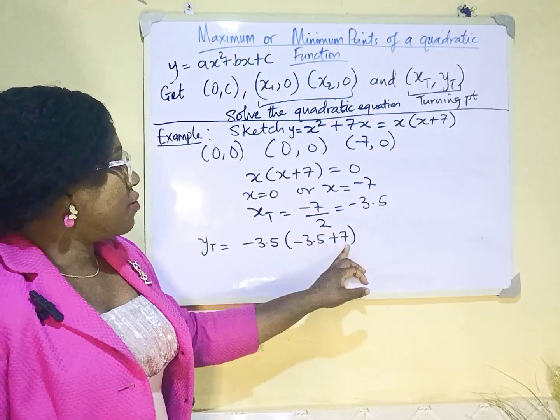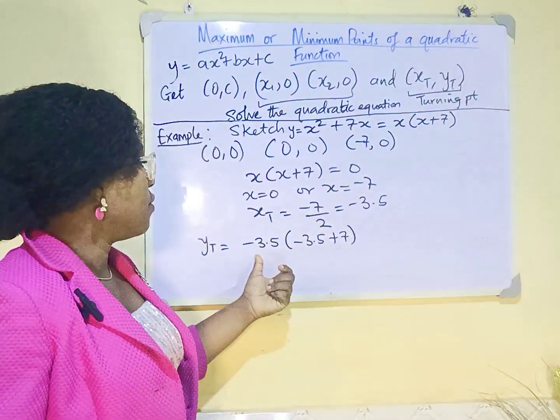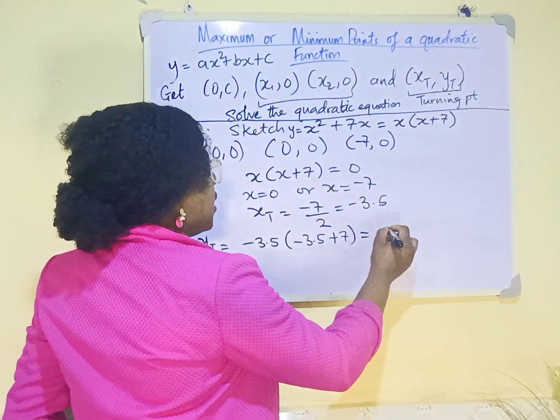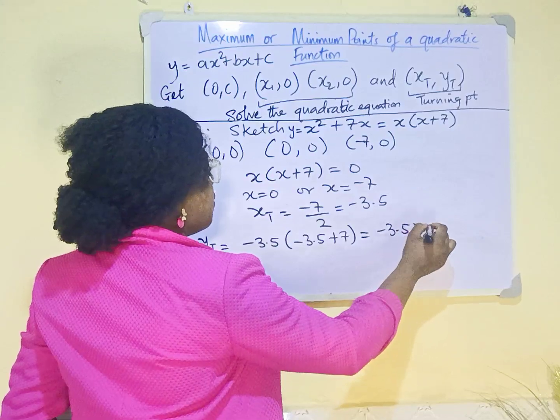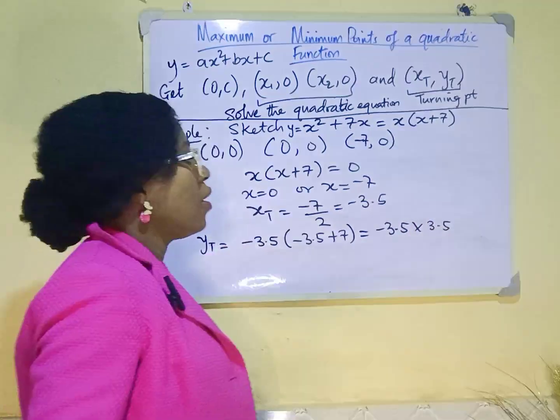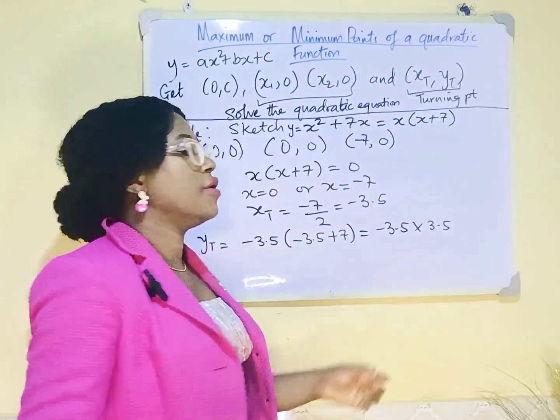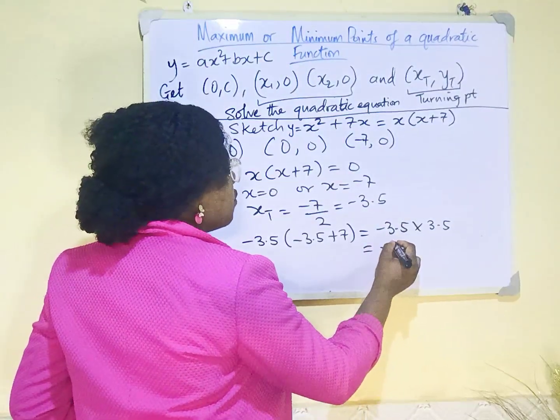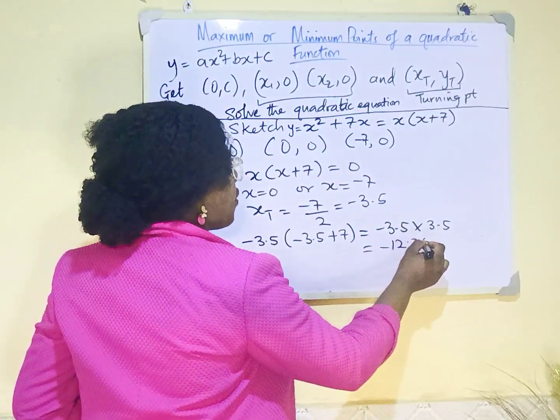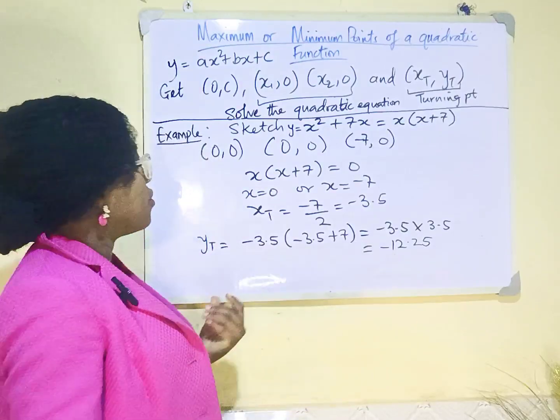So this crunches up to just 3.5 times minus 3.5. If you crunch that up in your calculator, you're going to see it as minus 12.25.